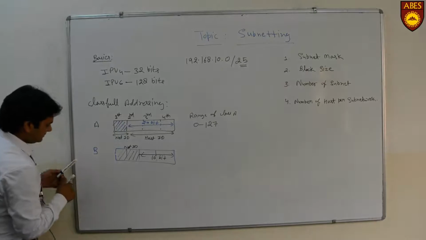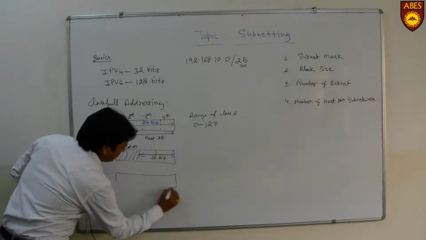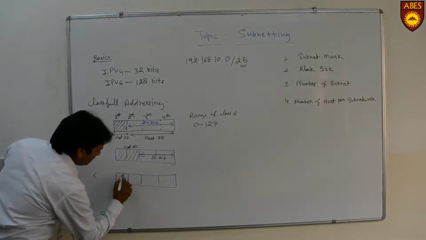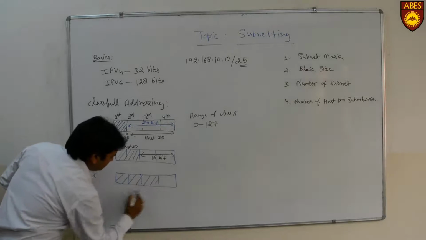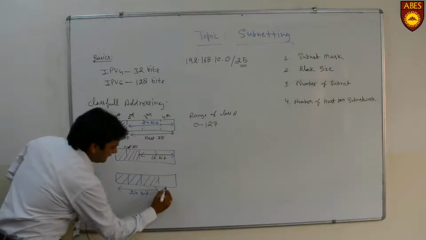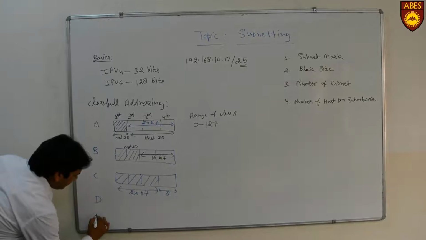In class C, again we have a 32-bit address divided into 4 octets, with the starting 24 bits as the network ID and the last 8 bits as the host ID.